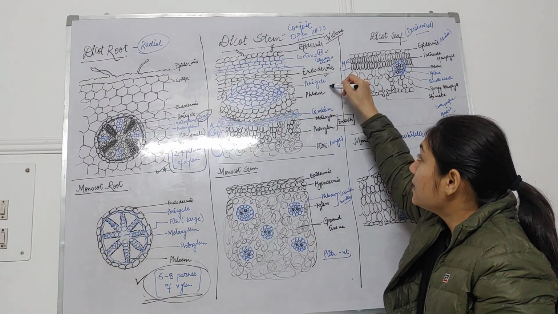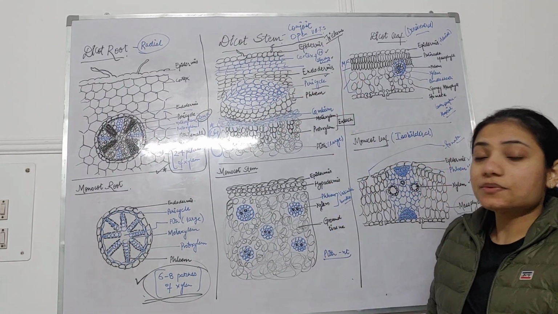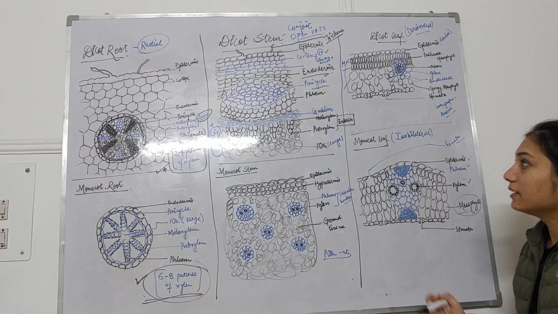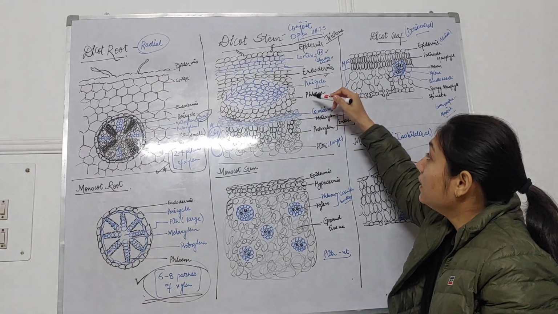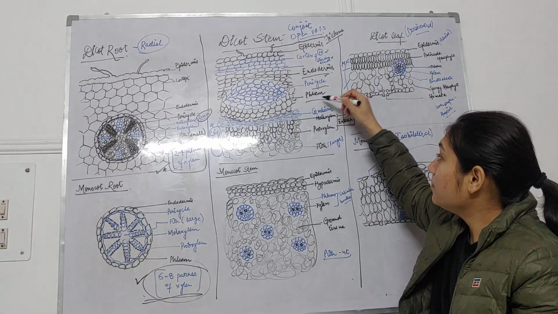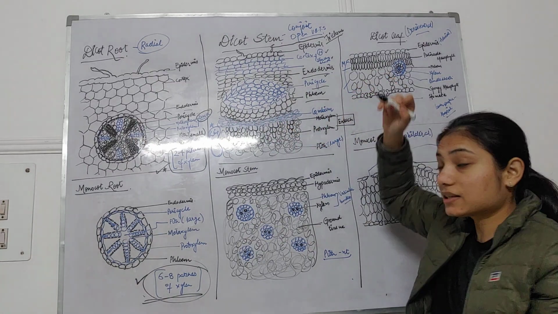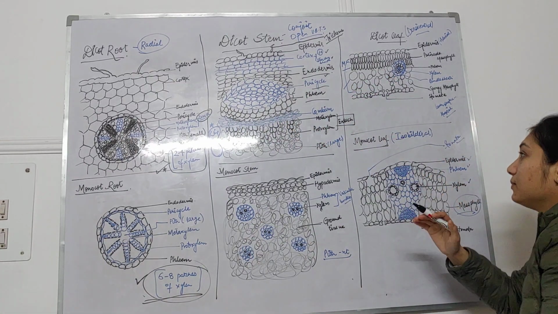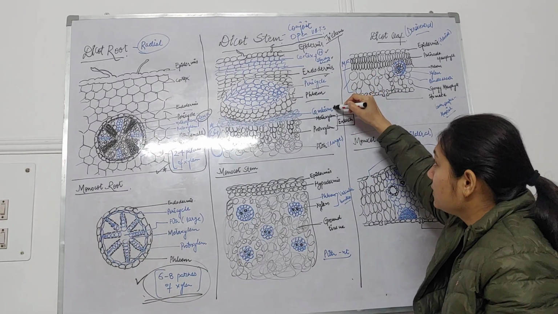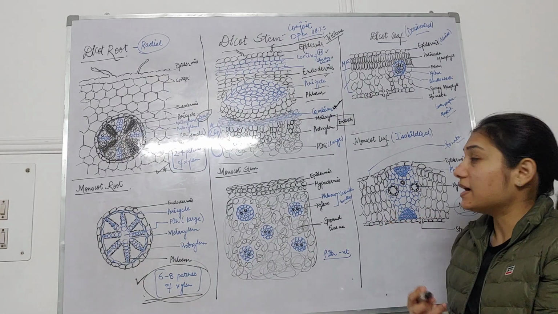After that, the pericycle is present, which is parenchymatous in nature. Parenchymatous cells are present in the pericycle, and after that, phloem is present. Then a ring of cambium is present, which is a characteristic feature of the dicot stem, with cambium present between the vascular bundles, between phloem and xylem.